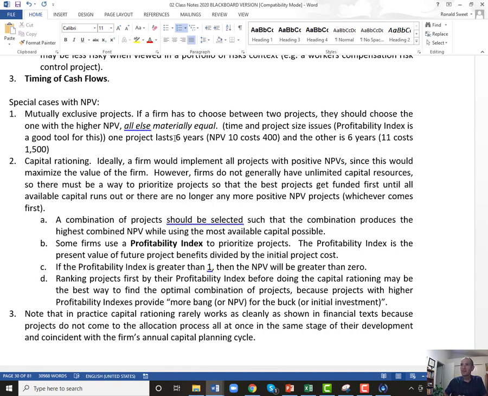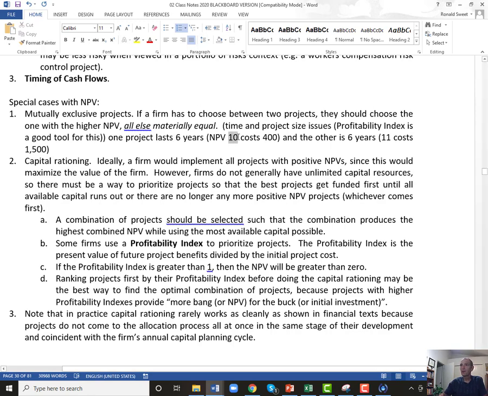So the net present value is 10, but you only have to pay 400 to get that net present value. The other one, net present value of 11, but you have to expend 1,500.